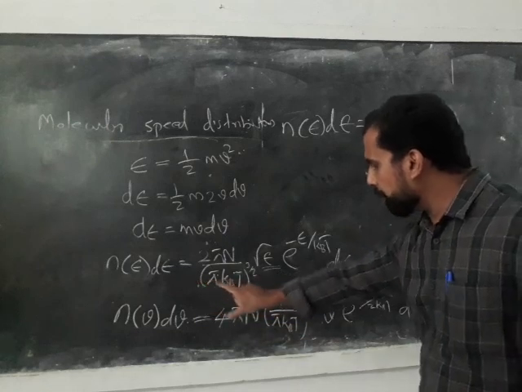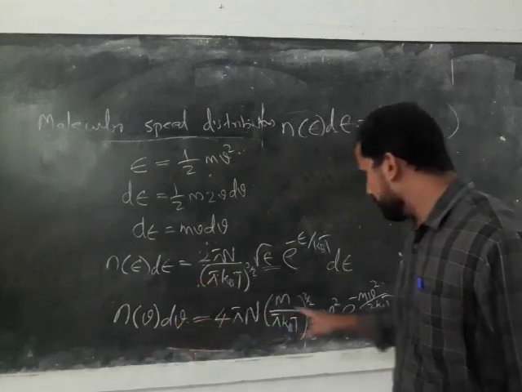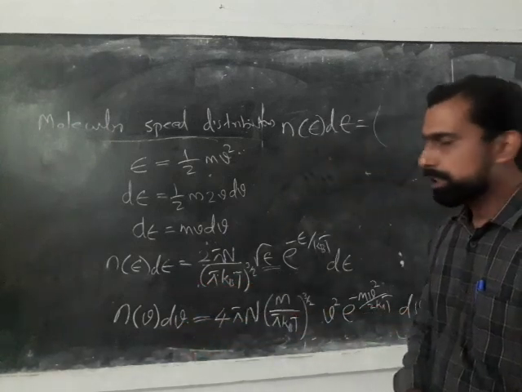And once you plot this n of v dv versus the velocity, you will get a plot like this.